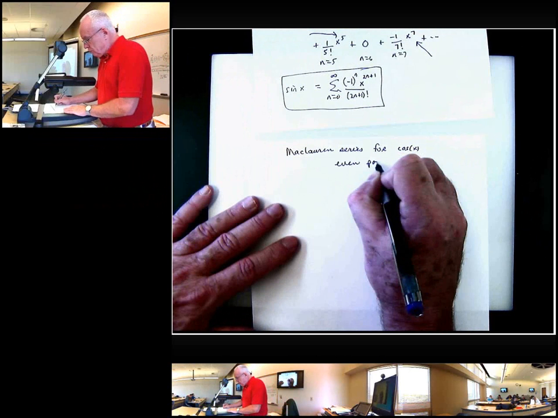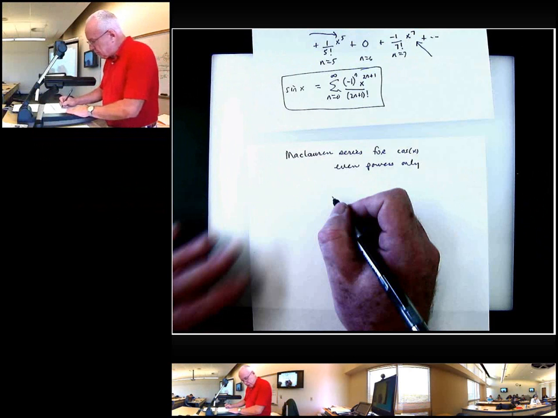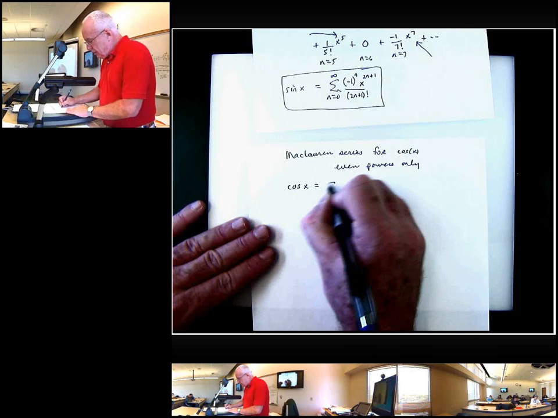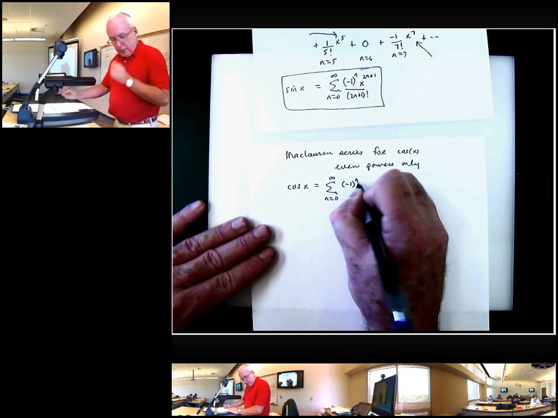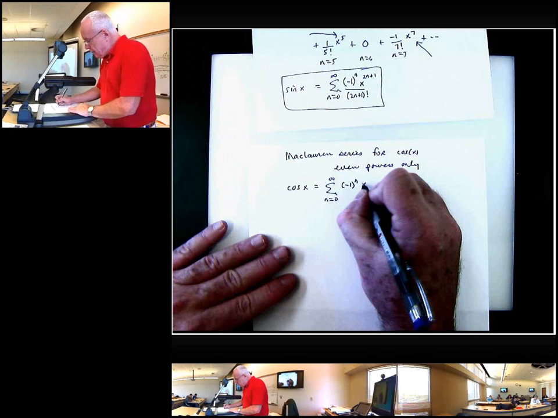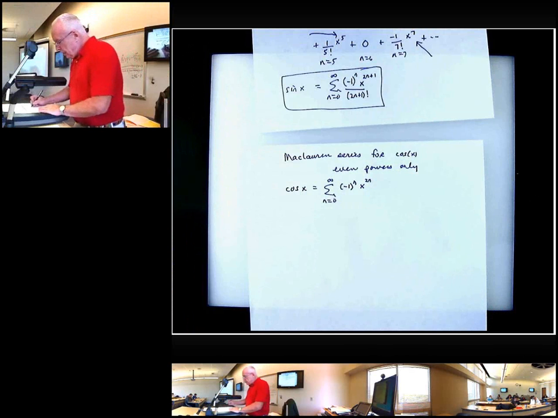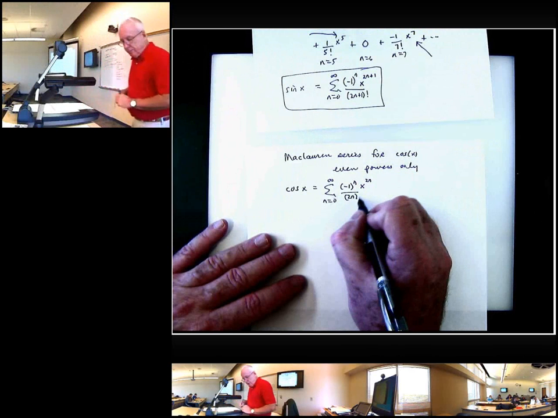So its representation is cosine of x is the summation n equals 0 to infinity. Again, we have a minus 1 to the n power, but now it's x to the 2n. So we only have even exponents, and it's all divided by the factorial of 2n.